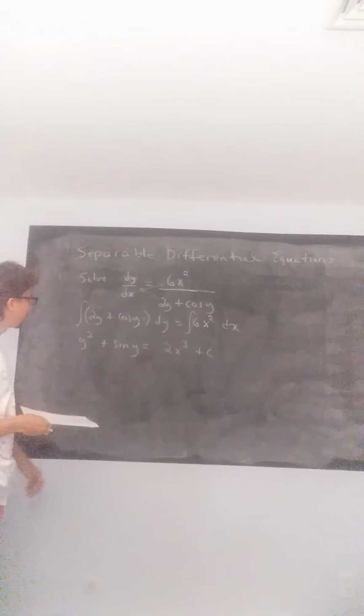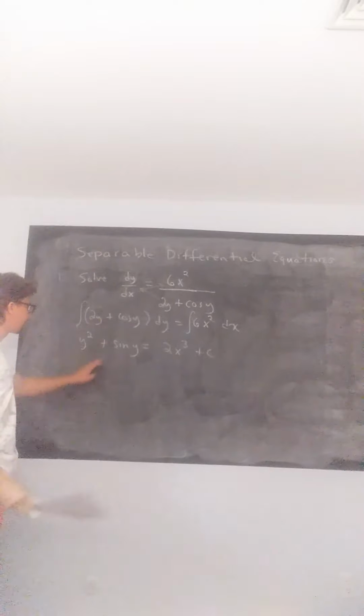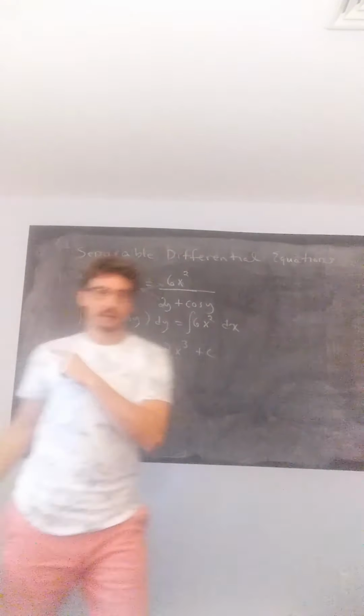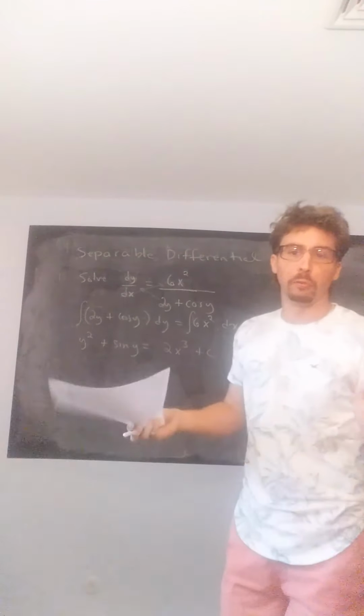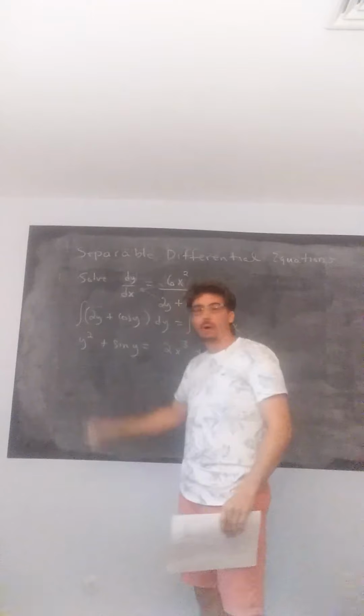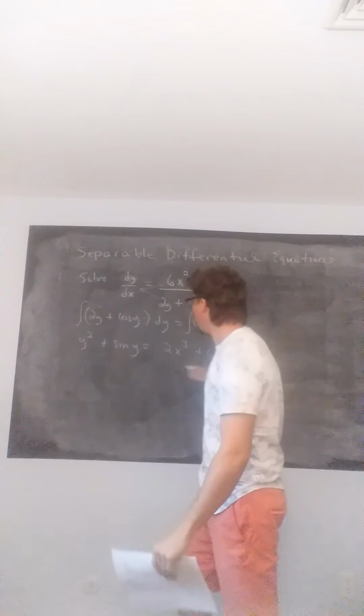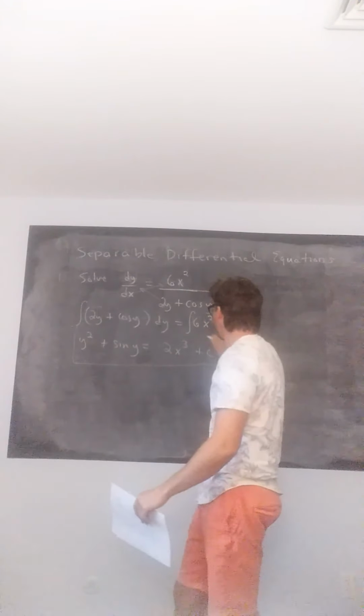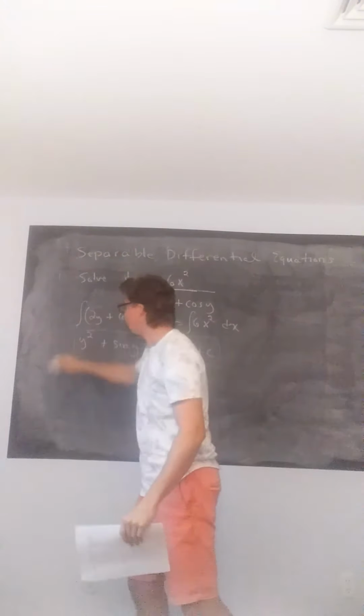I think we can do that. And what you're going to notice here is, no matter how hard we try, we can't write this thing as y equals something of x because you have these two y things in the way. We can't factor out a y or do anything like that. So this would be the solution to the differential equation. We cannot separate it, so this is as good as it's going to be for now.